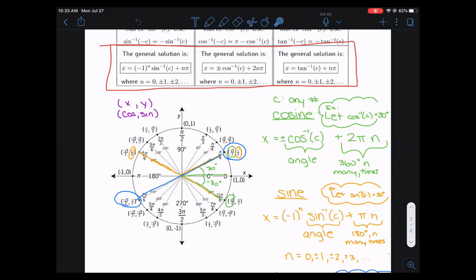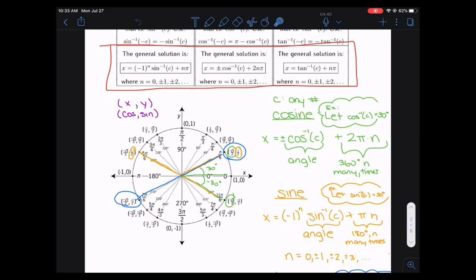A line is 180 degrees. So to go from this side to this side, that's 180 degrees. So what we can do is go to the negative side of it. That's why we have this little -1 here. And then we're adding 180 degrees to get onto this other side. So that's what this little π is about. And then again, we can just do that a couple of times.